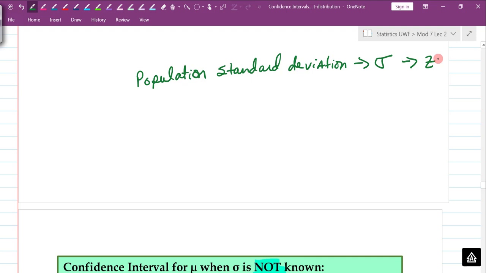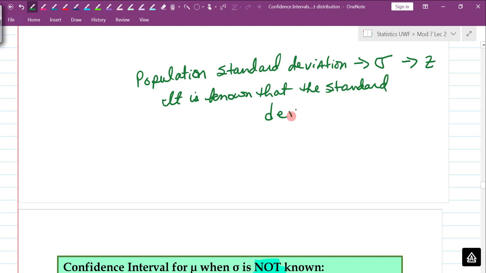You will look for words such as "it is known that the standard deviation is." When you see those words, that's telling you that we know sigma and therefore it is z.